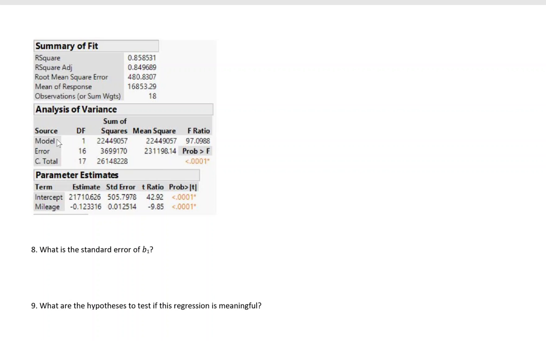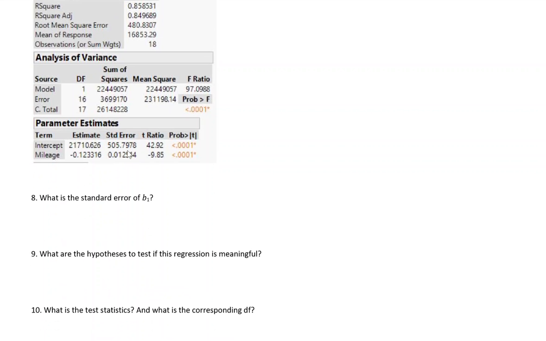Alright, so let's continue with the next one. I just copied another output here so that we don't need to go up and down. Alright, so number 8. What is the standard error of B1? So first, where to find it? This is B0, right? This is B1, right?